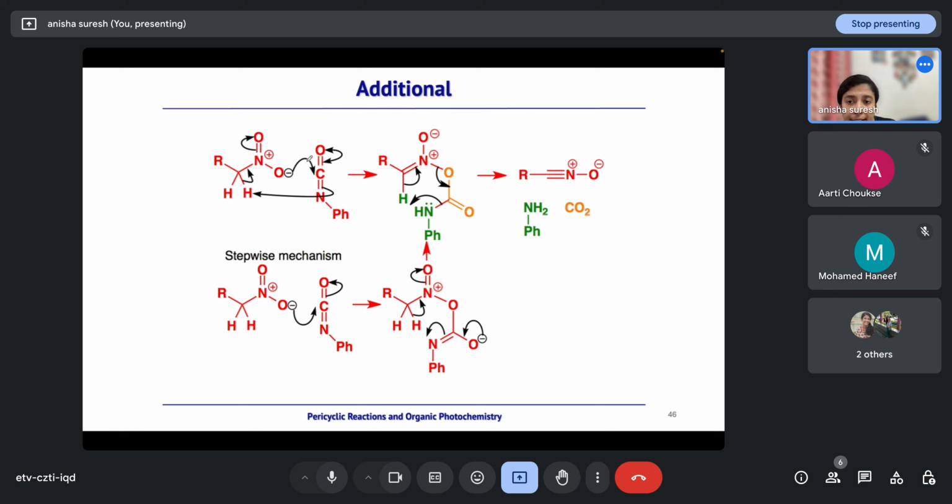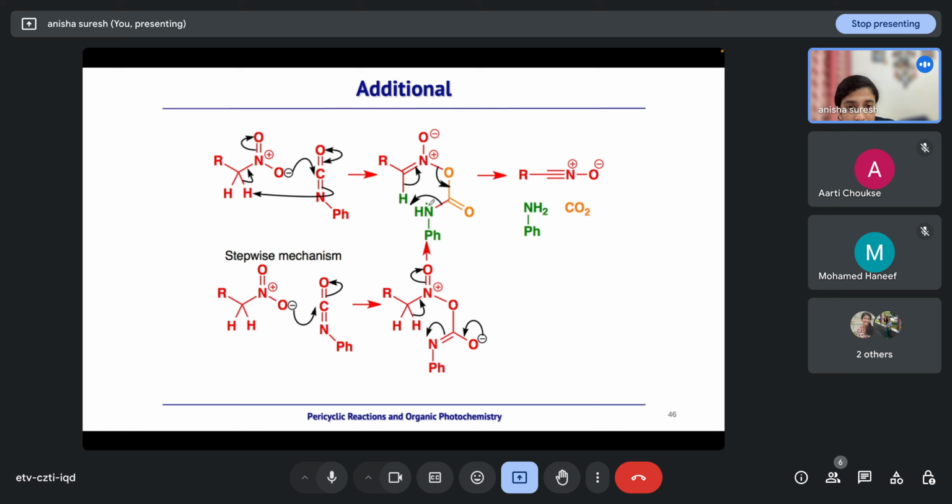The O minus of this nitroalkane can add on to this carbonyl of phenyl isocyanate. Then this double bond will go and abstract one of the protons and this double bond will result. Then a removal of CO2 and PhNH2 will be taking place in this fashion.